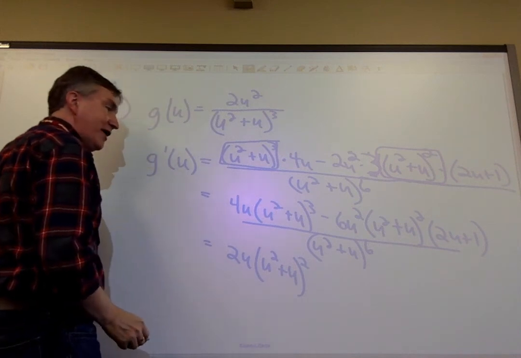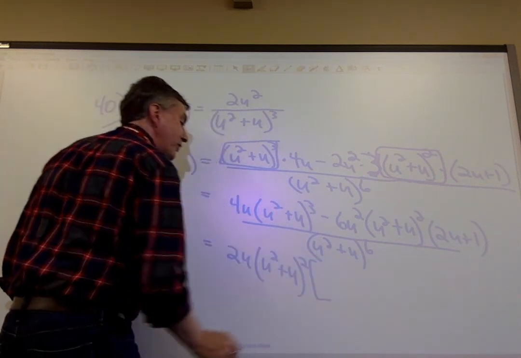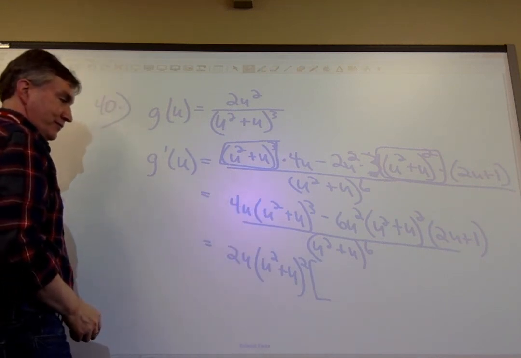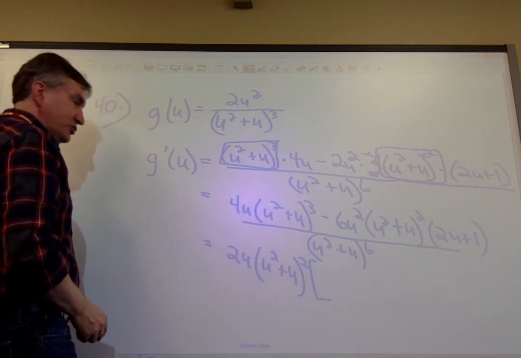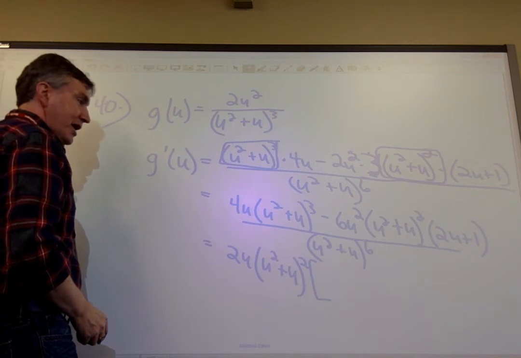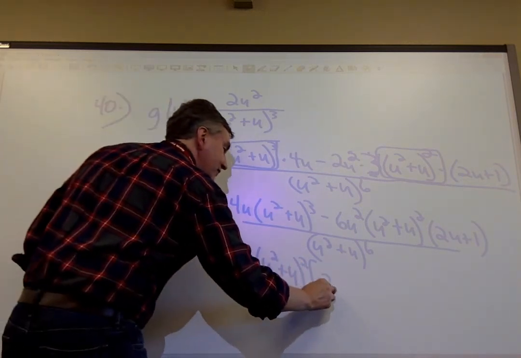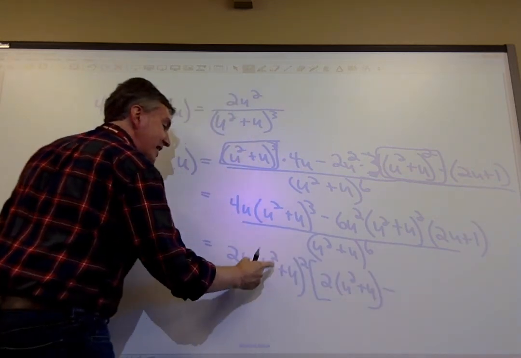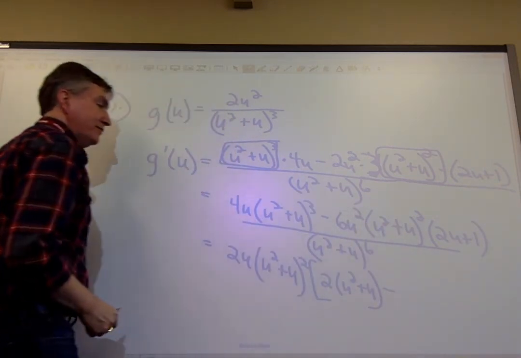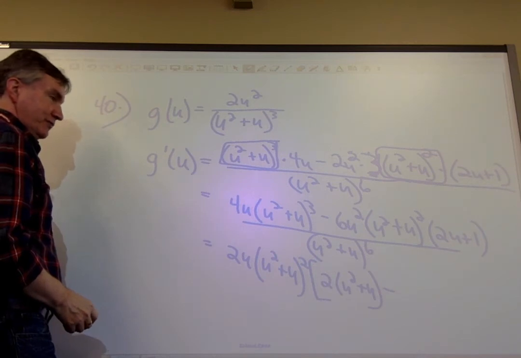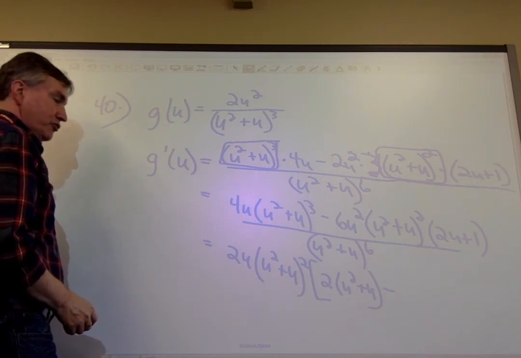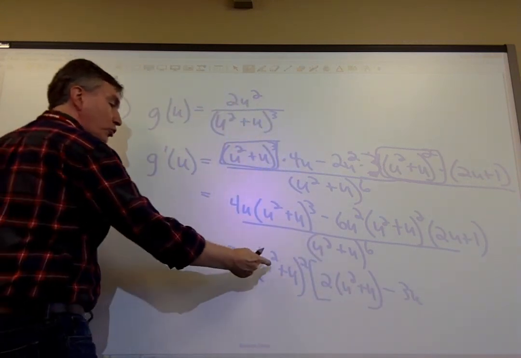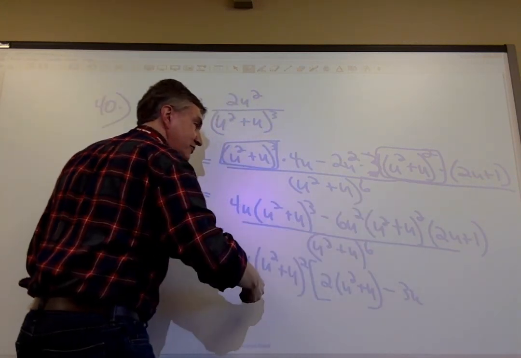Couldn't I take all of that out? You just have to tell me what's left. If I take this out of that, what's left? A 2 and u squared plus u, right? Minus, take this out of that whole thing and tell me what's left. 3u outside. The whole u squared plus u squared cancels.